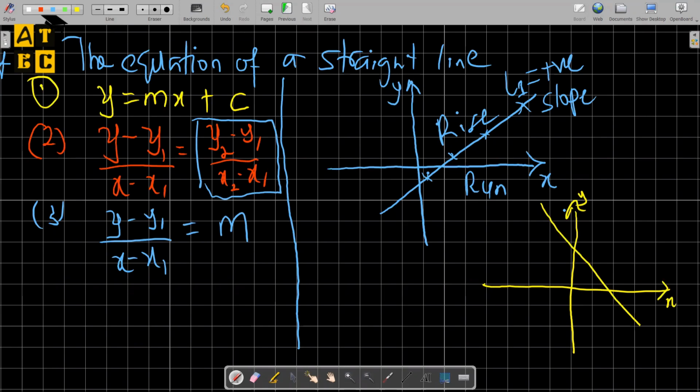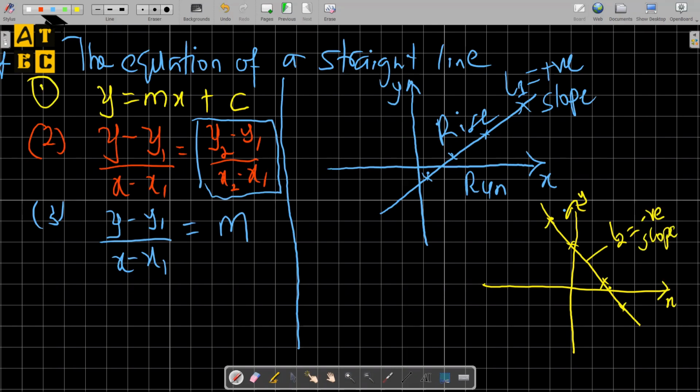So you see, your x value keeps increasing, but your y value keeps going down. In that case, this line, let us call it L2, will have a negative slope or gradient.